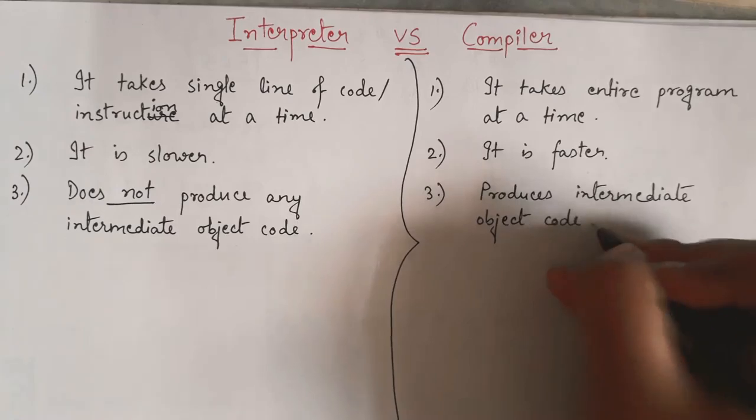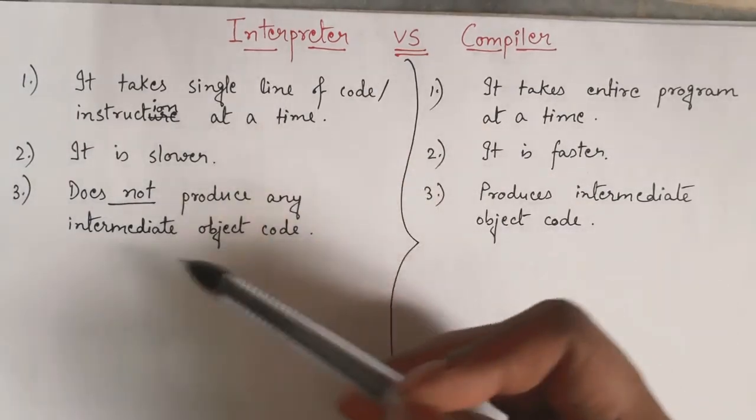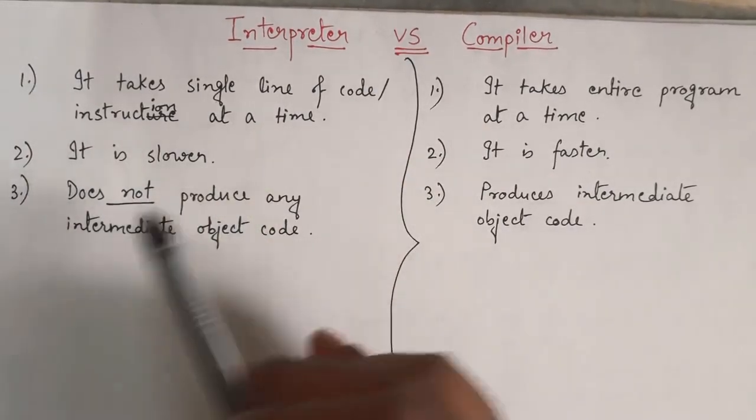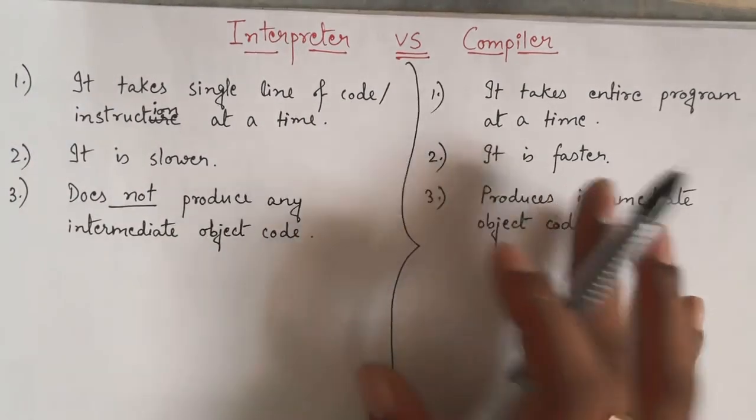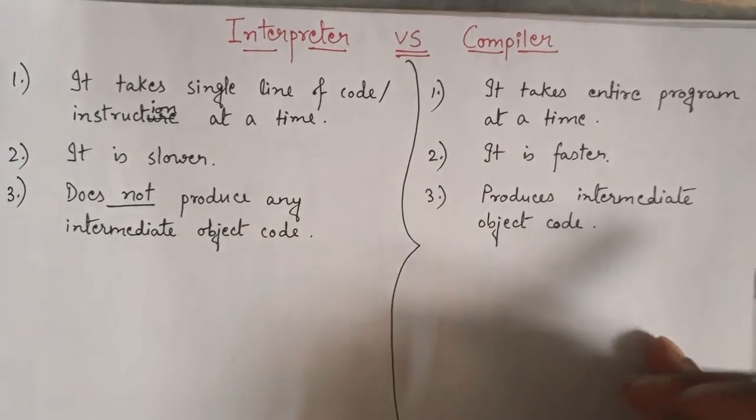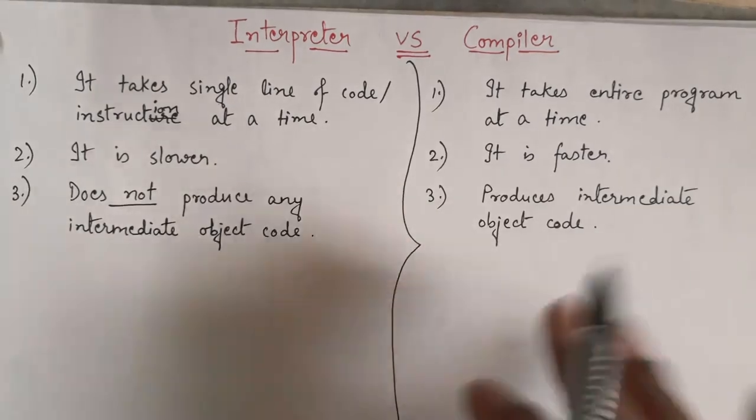Right? This is one of the main differences again: interpreter does not produce any intermediate object code, it directly converts it, whereas compiler does produce intermediate object code.